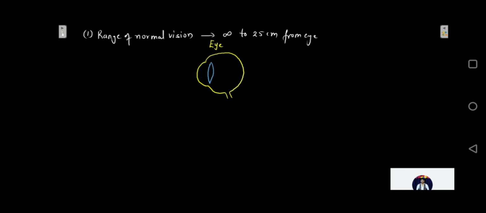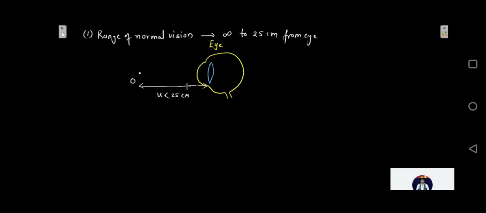So if the object lies at a distance less than 25 centimeter from the eye, supposing the object is lying very much closer, let's say over here, at a distance lesser than 25 centimeter, what is going to happen in this case is the ciliary muscles are not going to bulge out the eye lens anymore.